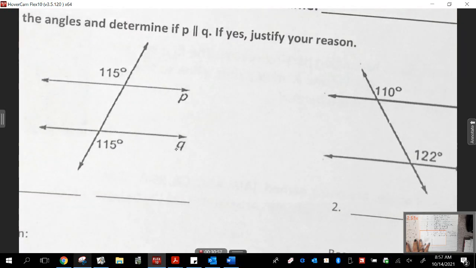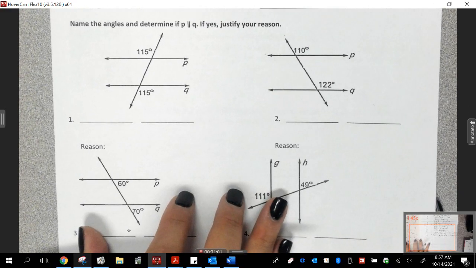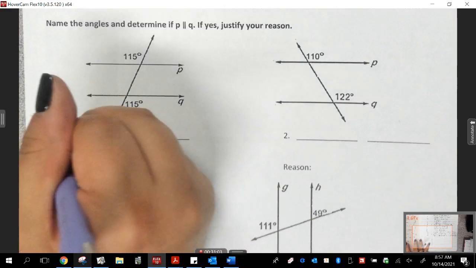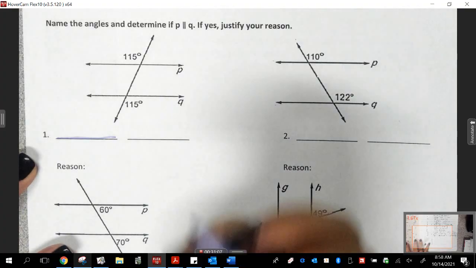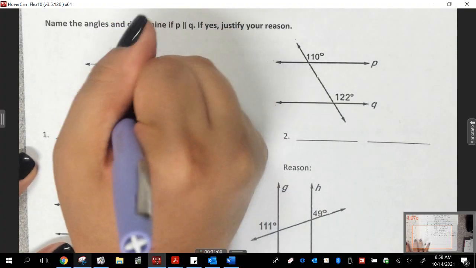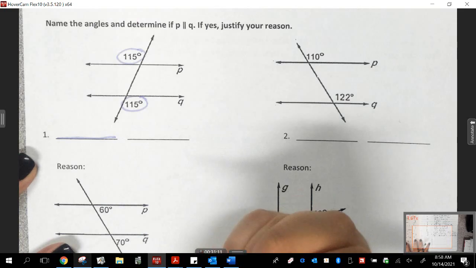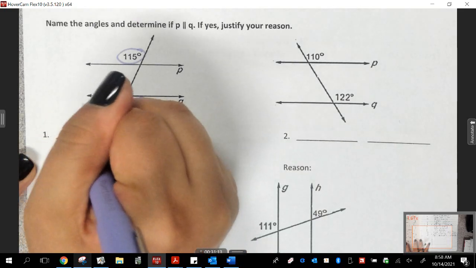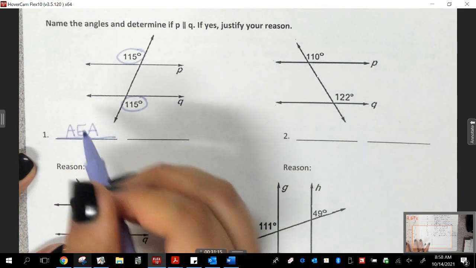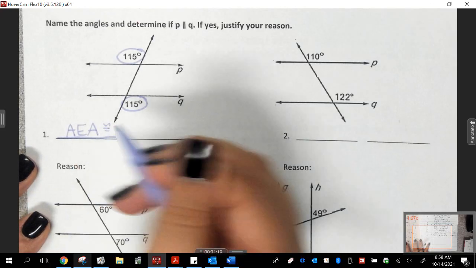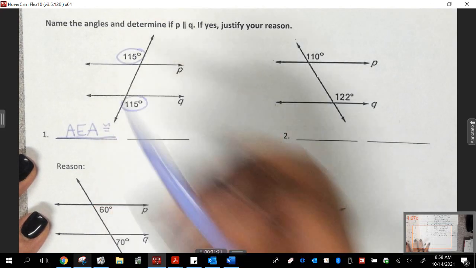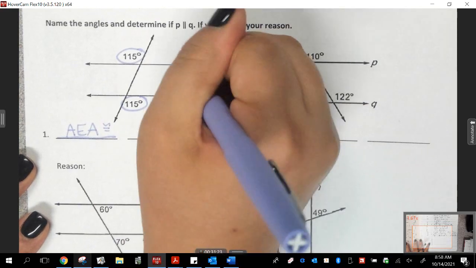Okay. On the front, look, I'm giving you answers. On the front, you need to tell me what is the vocabulary word. So, what are these? AEA, is it congruent or supplementary? So, are these congruent? Are these the same? Yes.